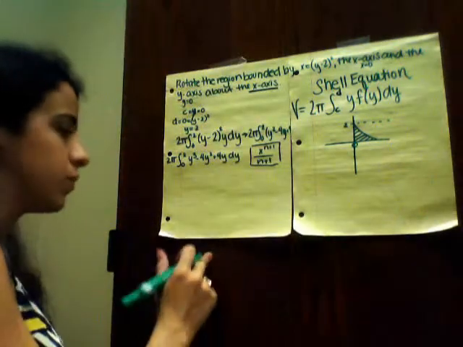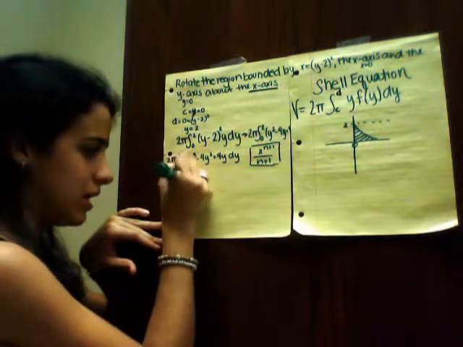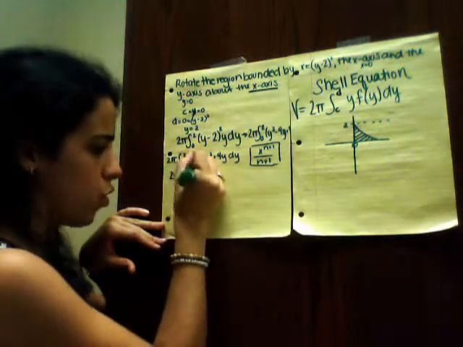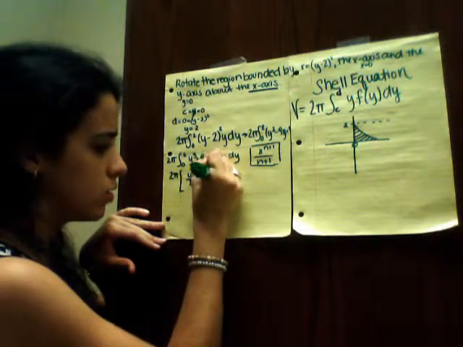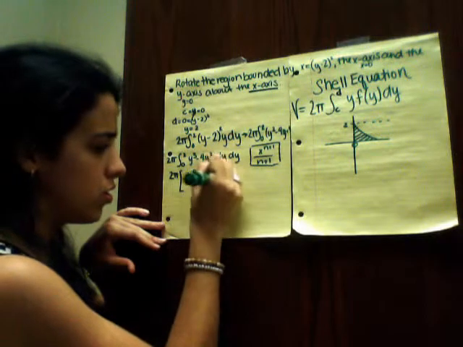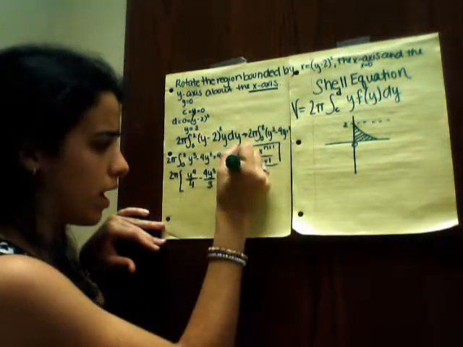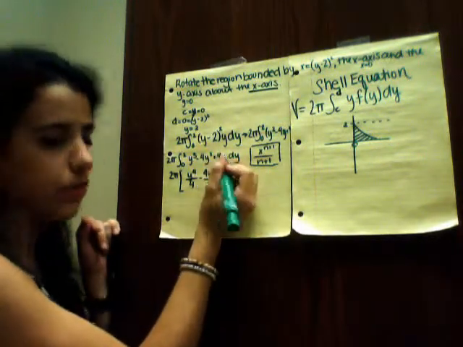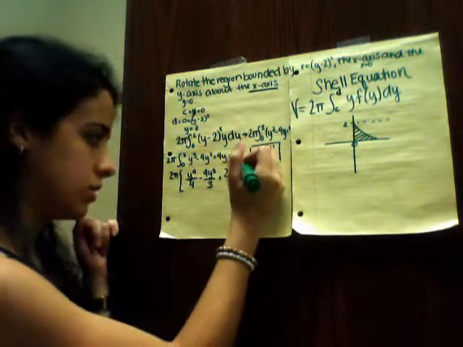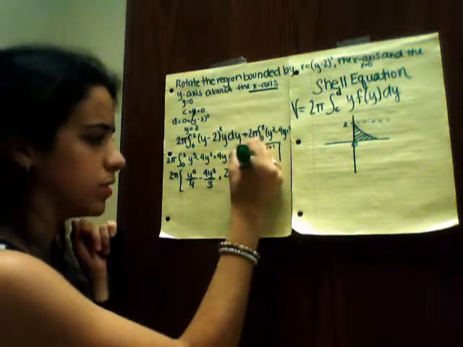So we're left with 2 pi times y to the fourth over 4, minus 4y cubed over 3, plus 2y squared, because we can eliminate with the 4. And then we're going to substitute 0 and 2.